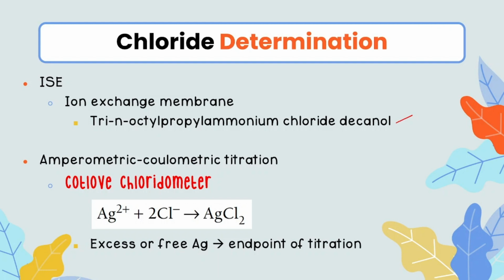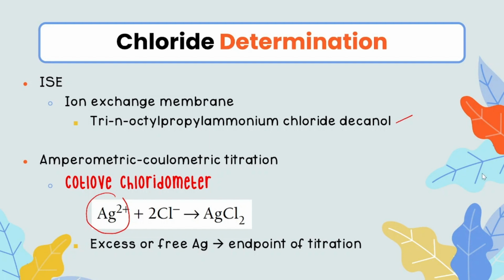Now, this test, kids, this method uses generation of your silver ions, as seen here in your chemical reaction. There is use of your silver ions here, which will combine with your chloride in order to quantitate your chloride concentration.